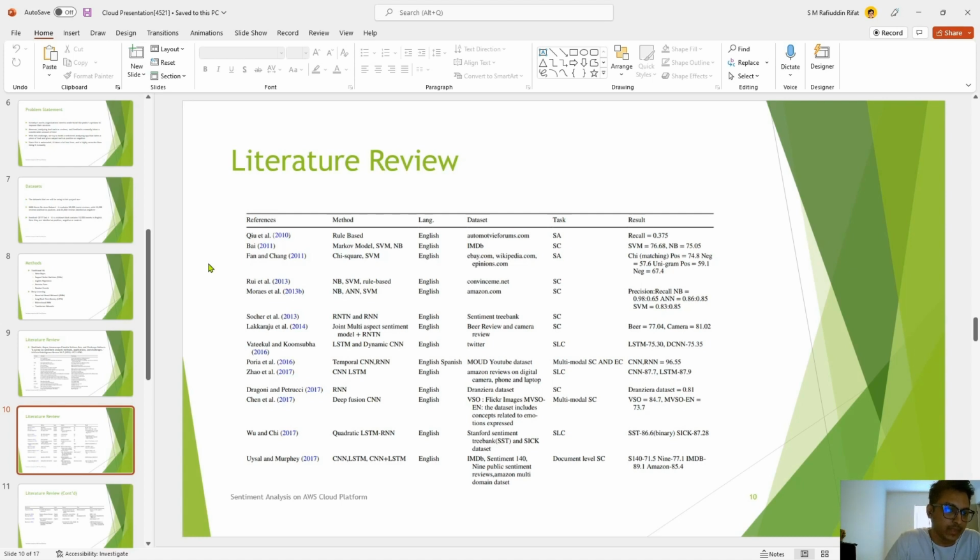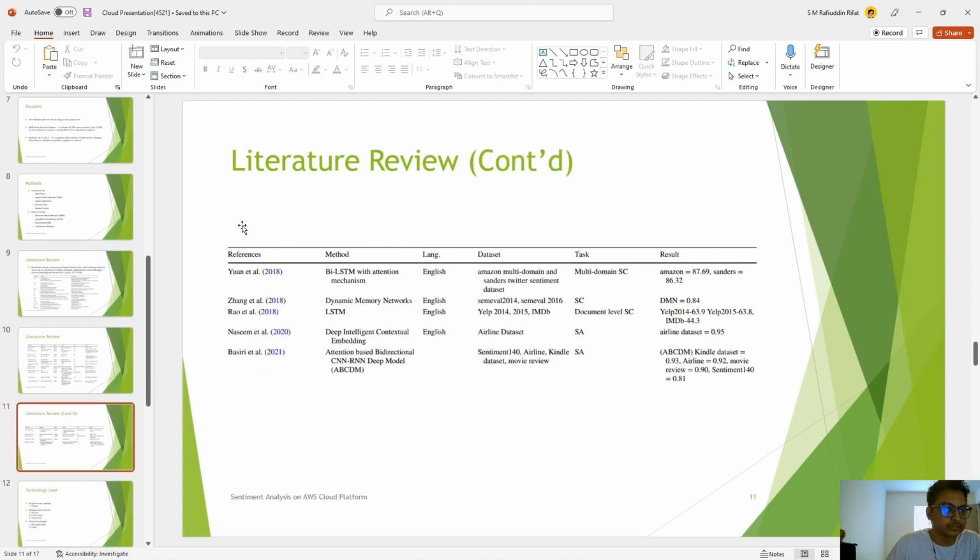So this paper has a broad discussion about the previous works on sentiment analysis. So our work is kind of a subset of this paper.